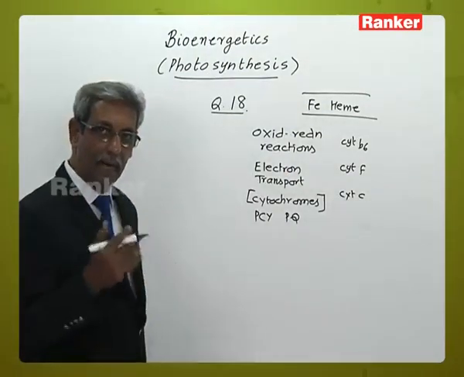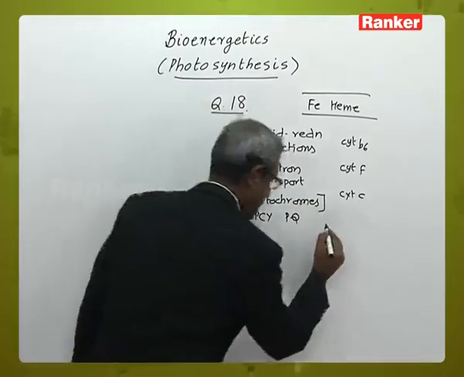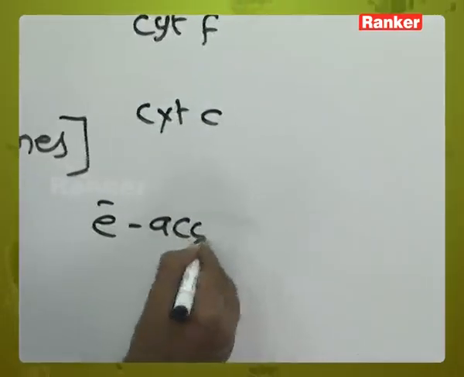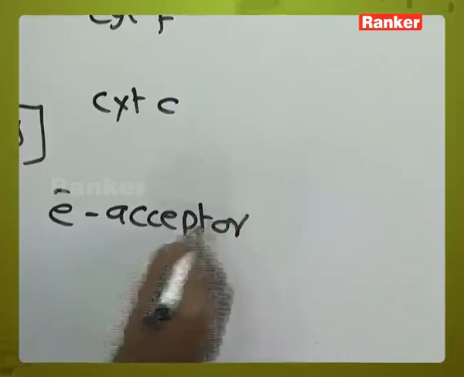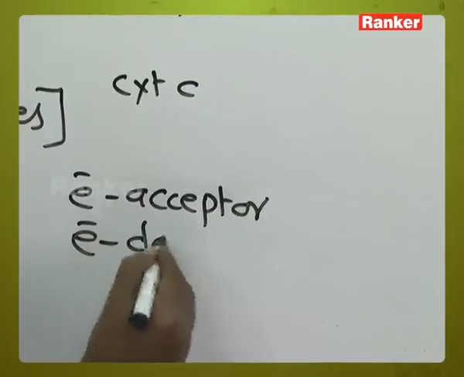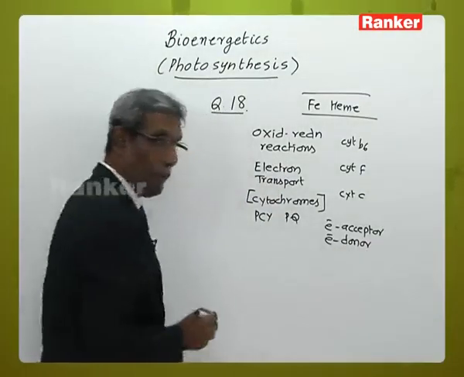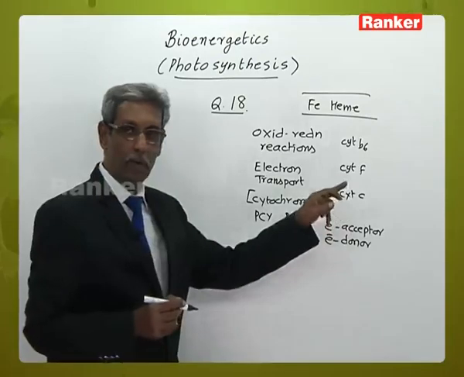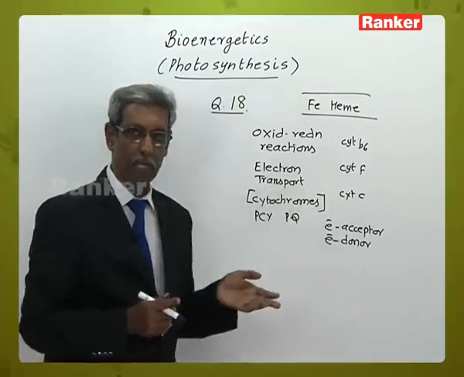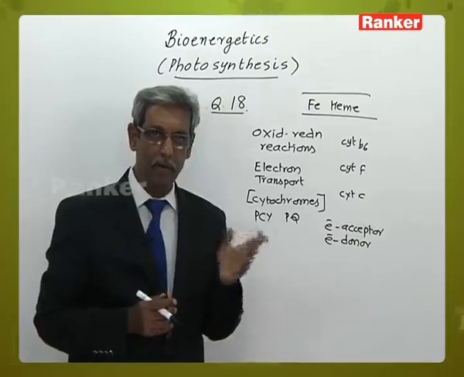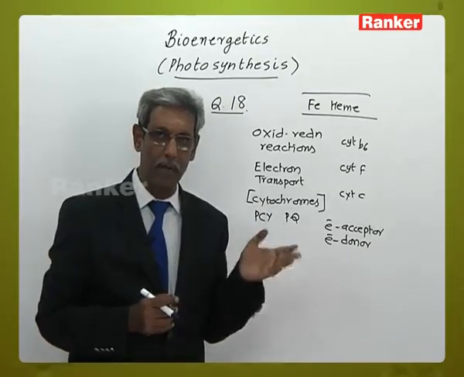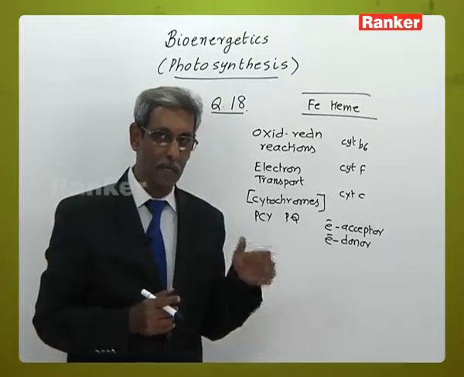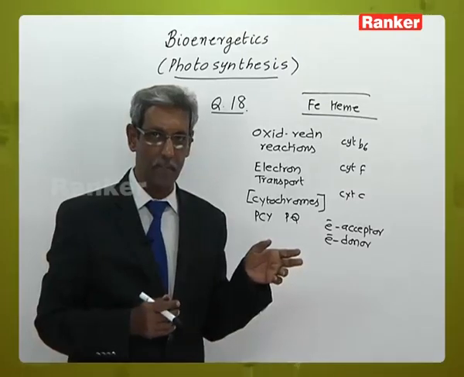That is, they can act simultaneously as an electron acceptor as well as an electron donor. So, they are part of oxidative phosphorylation in the case of mitochondria, which occurs in the F1 particles, terminal oxidation in the electron transport system.